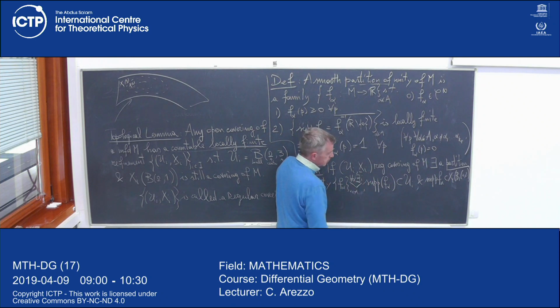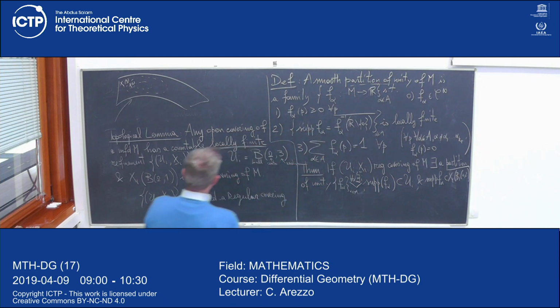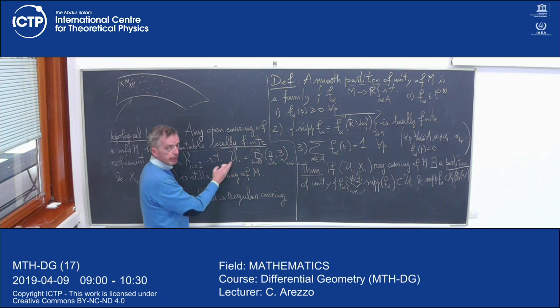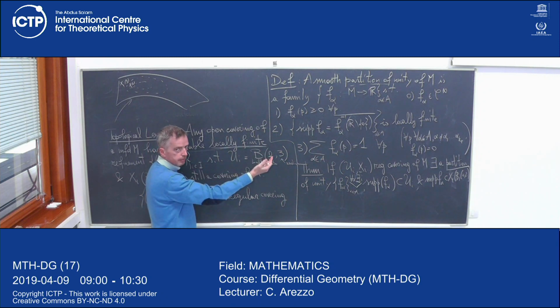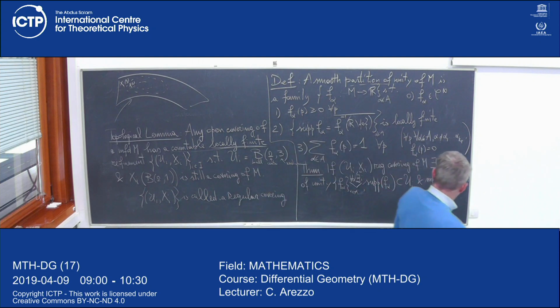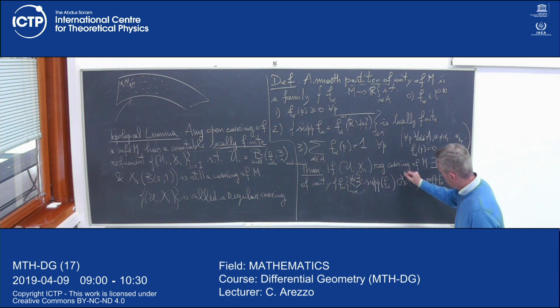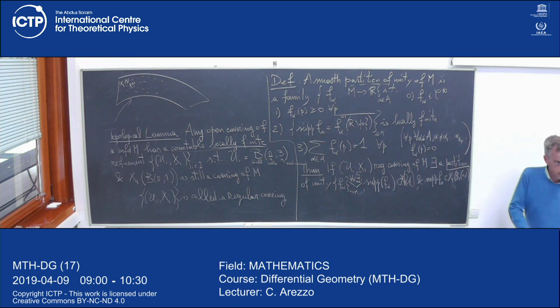I mean, the support of F alpha is in M, a subset of M, yes. And Ui is in Rn, and xi of Ui is in M. So the support of F alpha should be contained in xi of Ui. Oh, yes, okay.